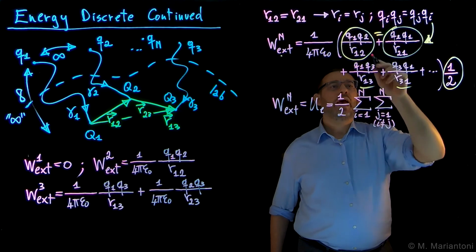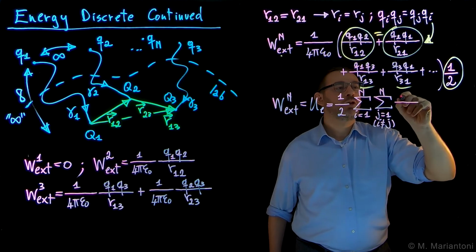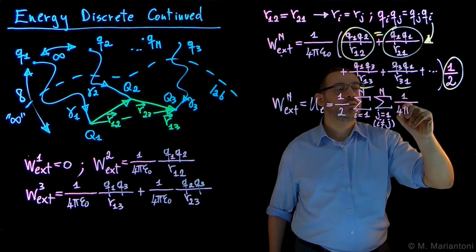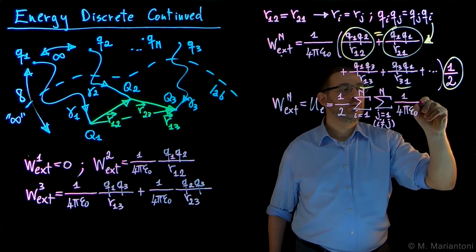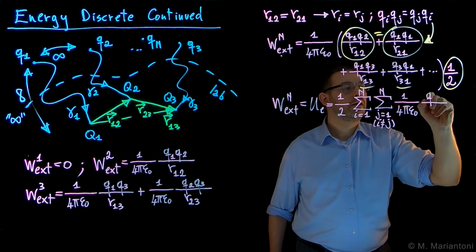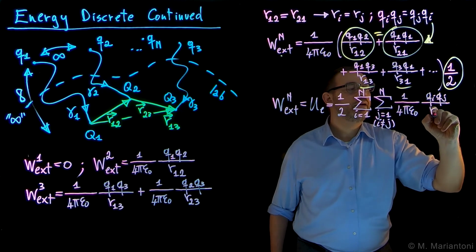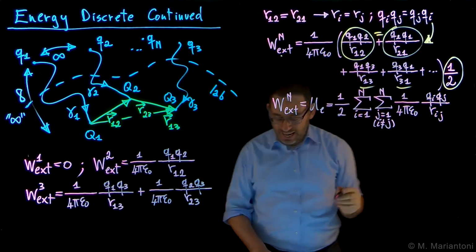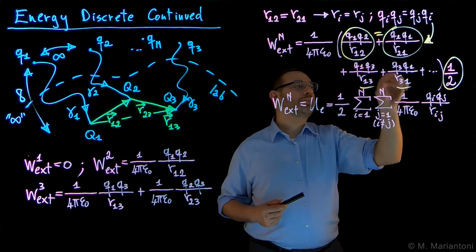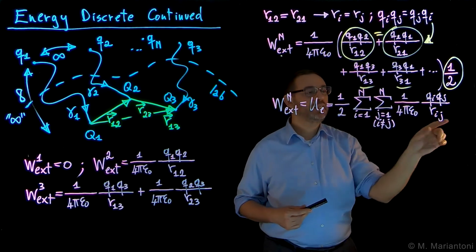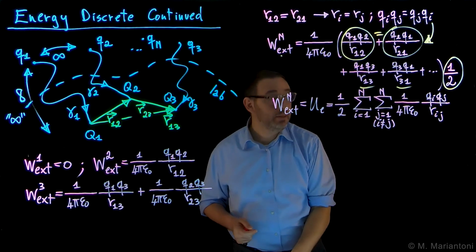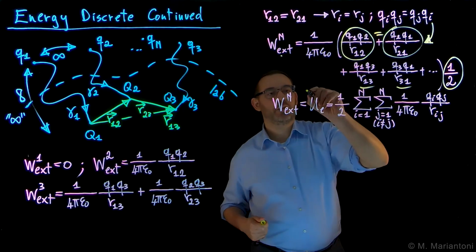And here, what we have is simply 1 over 4 pi epsilon naught in a compact fashion, qi, qj divided by rij. So this artifact of doubling all the quantities and multiplying times 1/2 allows us to use indices and find this very compact form of the electrostatic energy.